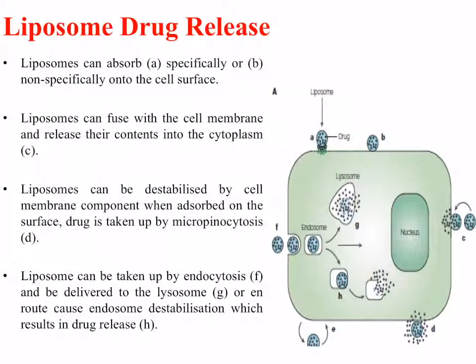So the diagram on the right shows a liposome binding and then eventually fusing at point C and releasing the contents of the drug. Alternatively, they can be taken up by endocytosis, be taken up into endosomes and lysed by lysosomes essentially, and this can result in drug release as a result.